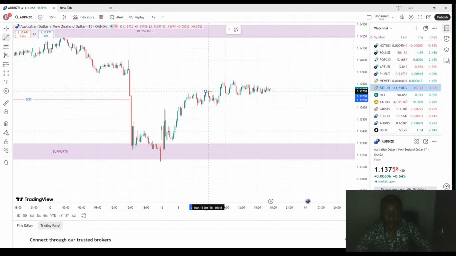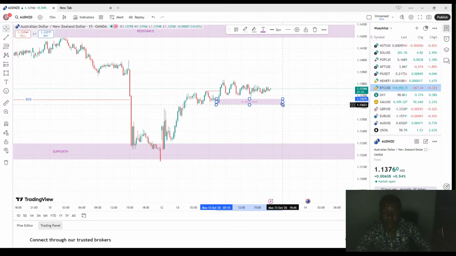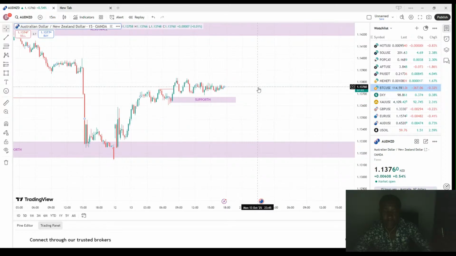If we want to join this market, we have this last break of structure here, and we have the support here, which has not been mitigated.